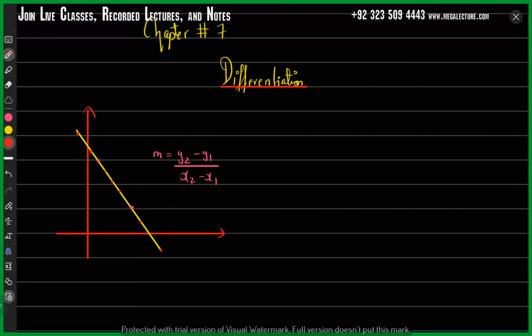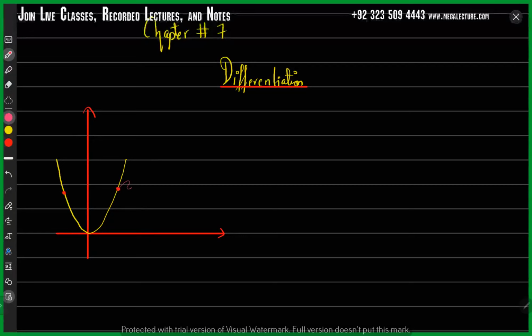However, if instead of this line, I talk about some other thing, let's say this parabola, now we know what exactly a parabola is. And what if I ask you to find the gradient? Basically, the gradient at this point and the gradient at this point is going to be different. Why?